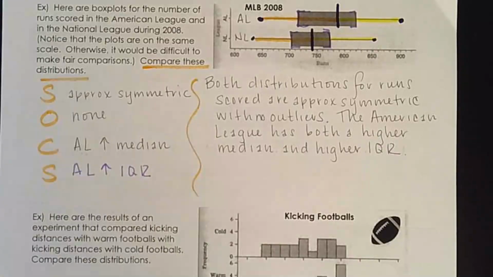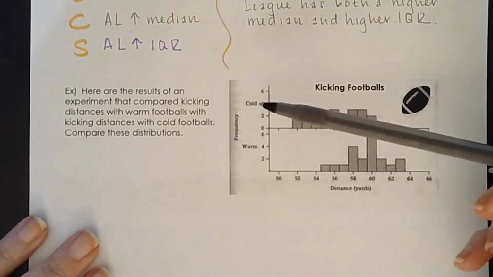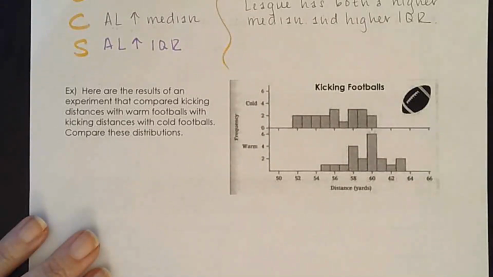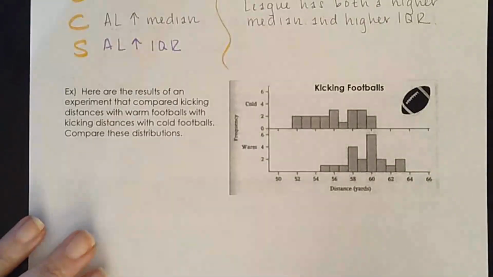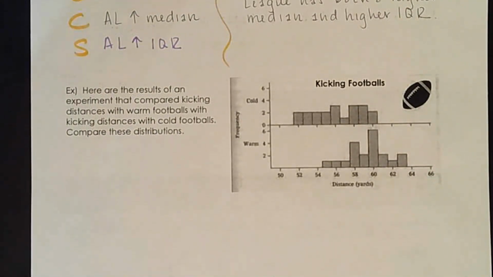Okay, last one. We're comparing the results of the distances traveled in cooler weather versus warmer, so cold footballs and warmer footballs. So we have histograms here. Again, it says compare these distributions.